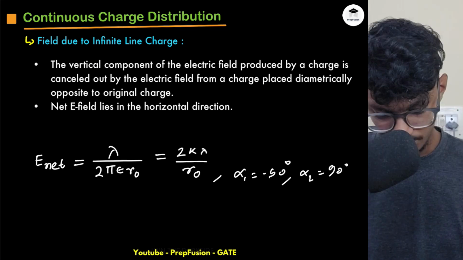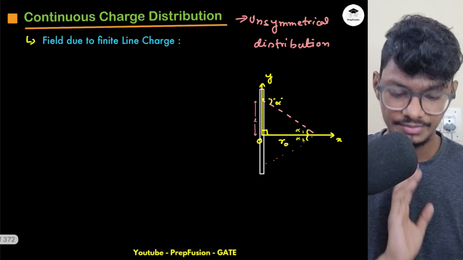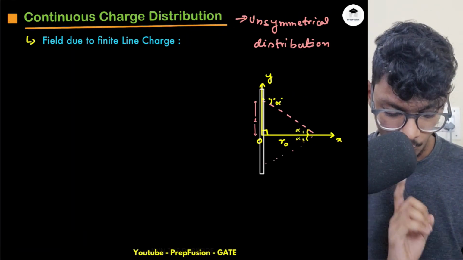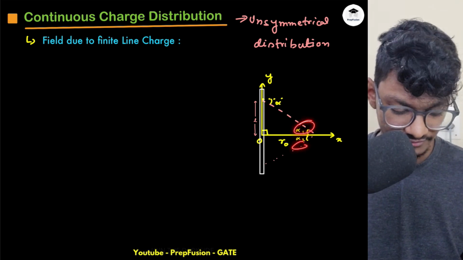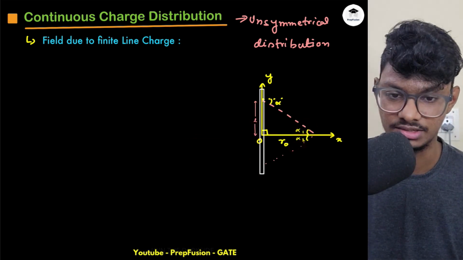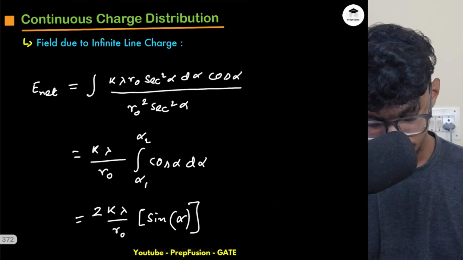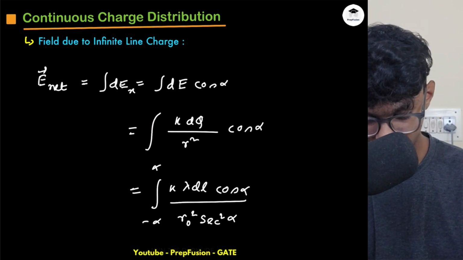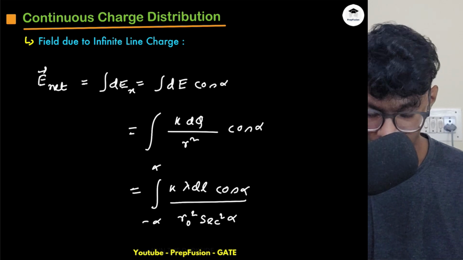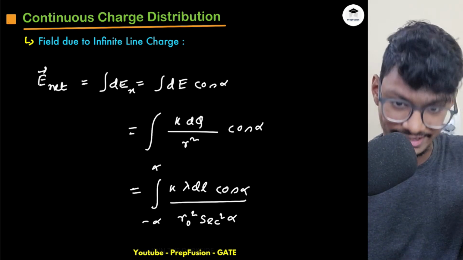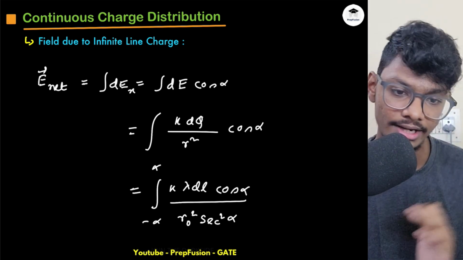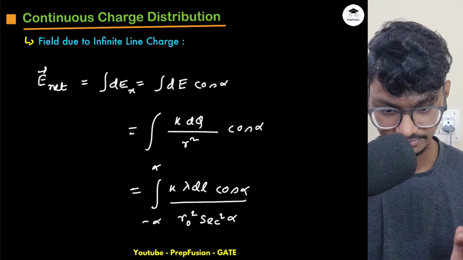Okay, now let's solve it for the unsymmetrical case. So for the unsymmetrical case, what I will do, I will have two angles, right, alpha 1 and alpha 2. This will not be symmetrical about this axis anymore. So what I will do is that I will use the same derivation for the x coordinate, right? Here the net electric field won't be this. I will compute the electric field due to the x component and the electric field due to the y component, and then I will just add them vectorially.